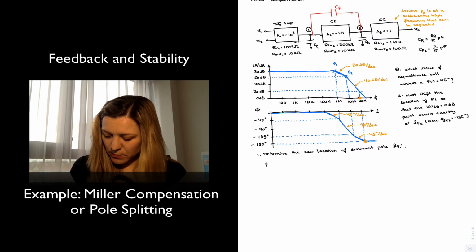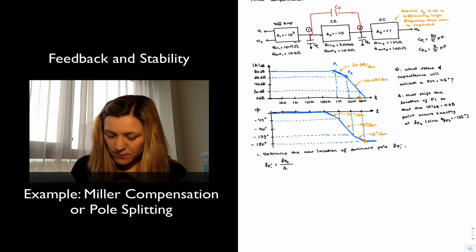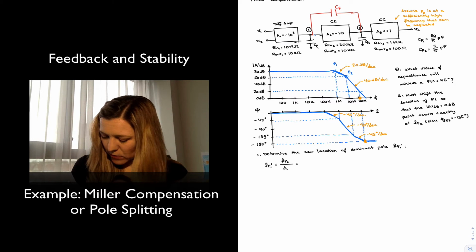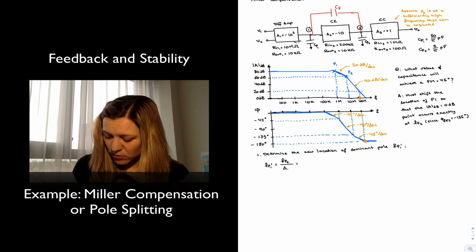And so my FP1 prime is going to be equal to FP2 divided by the gain. FP2 is 10 meg, or 10 to the 7, divided by the gain, which was 10 to the 4, or 10,000. And so that gives me 10 to the 3, or 1 kilohertz.